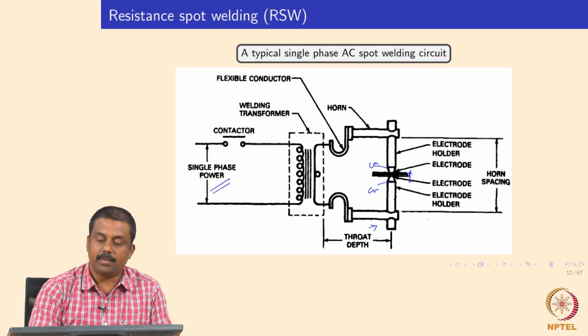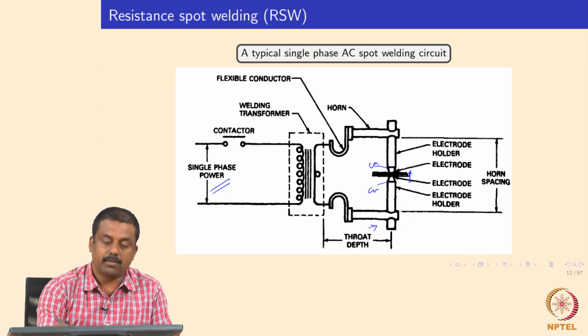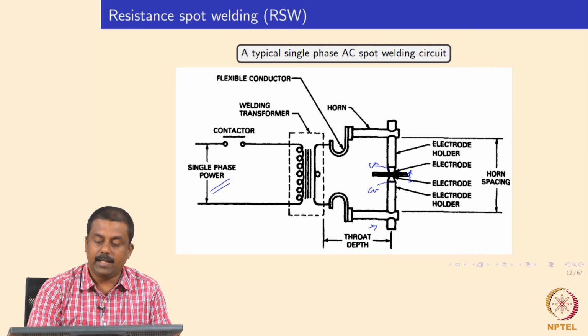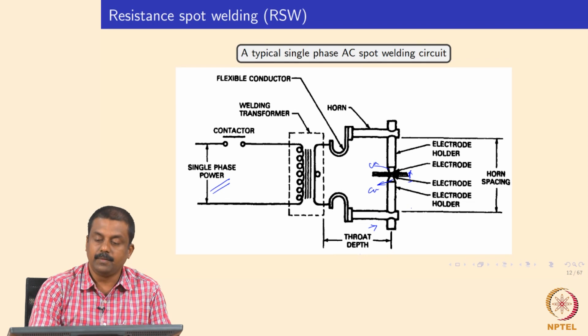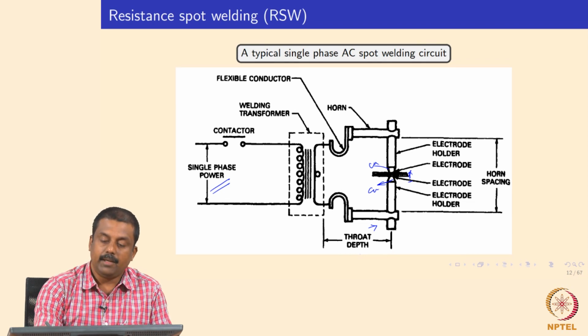So, the components of the power source as well as the setup are a transformer, a horn, and a cantilever, which is used not only to pass a current but also to apply load. Then we have an electrode attached to the end of this horn, and your sheets are kept in between the electrodes.